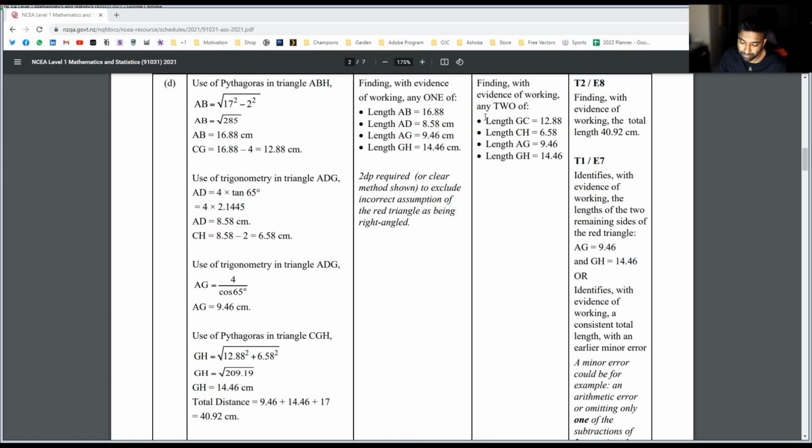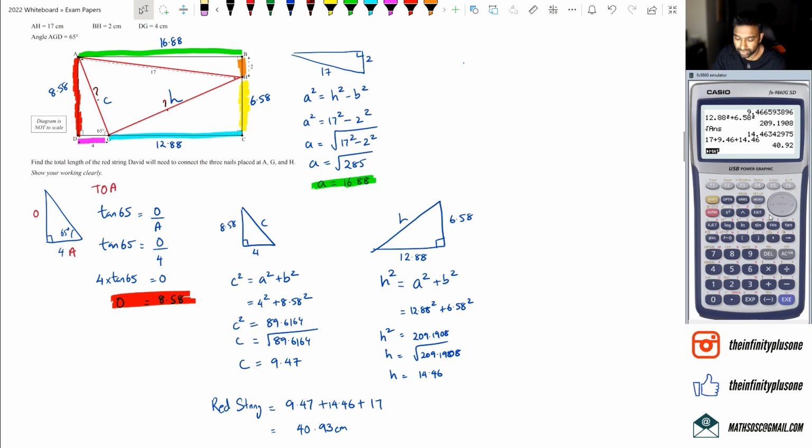Now to get a merit, you need 2 of these lengths. So let's go back to our original page here, and I'll try and put everything together. So the final answer is going to get you guys an E8 right there. Minor mistakes could get you an E7, but for merit, 12.88, where's the 12.88? Oh yep, I can see the 12.88. So you've got a combination of things you can get.